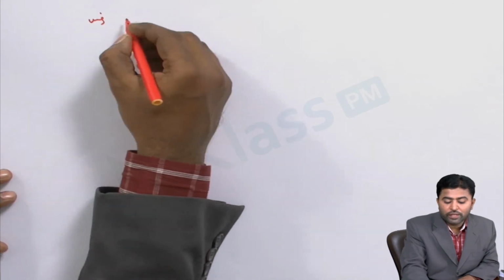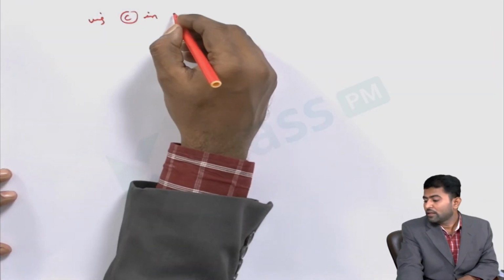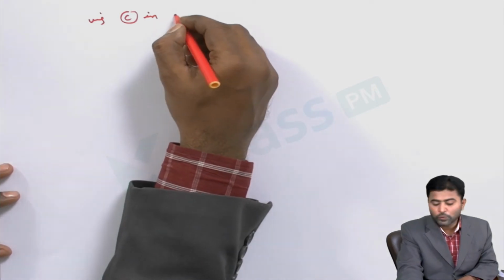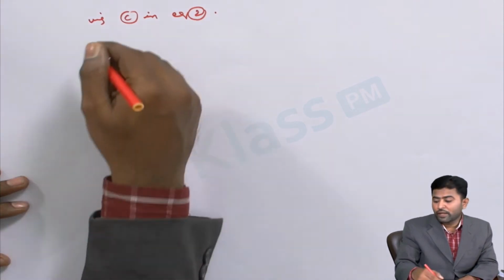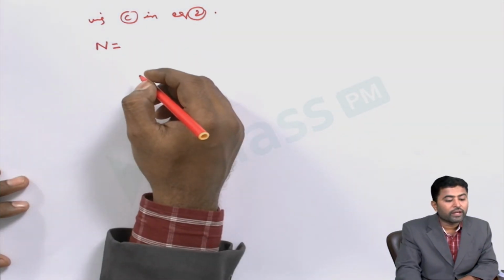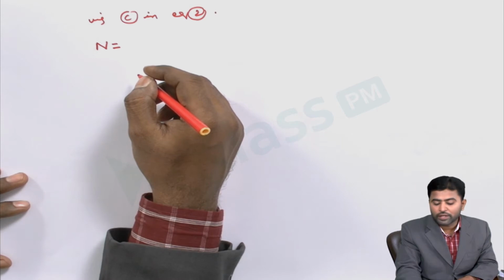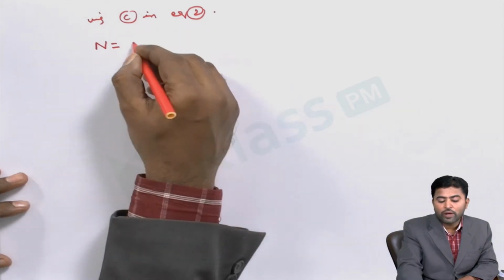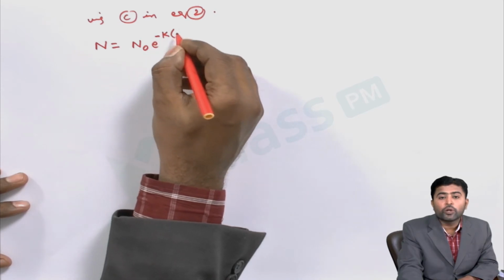Now using condition C in equation 2, that is n is equal to, what is mentioned there is at the end of 2L years how much amount will remain. So n is equal to n0 into e power minus k into 2L.